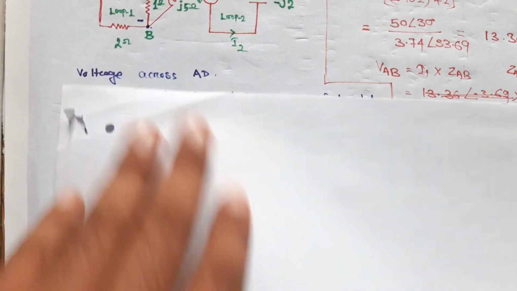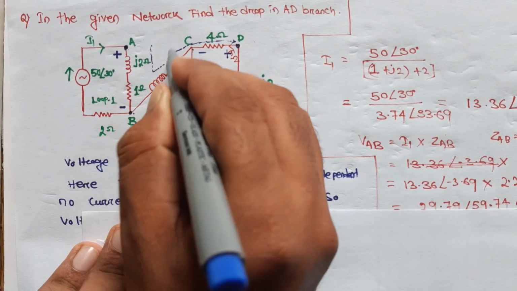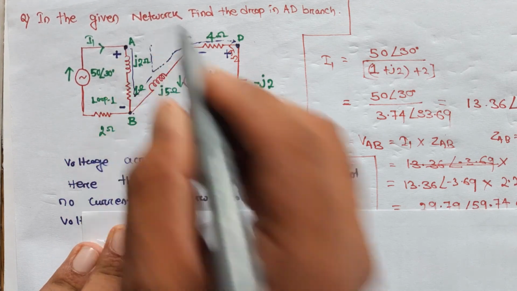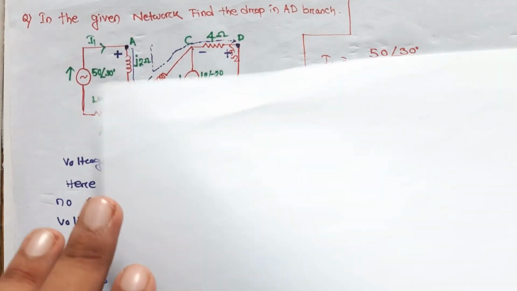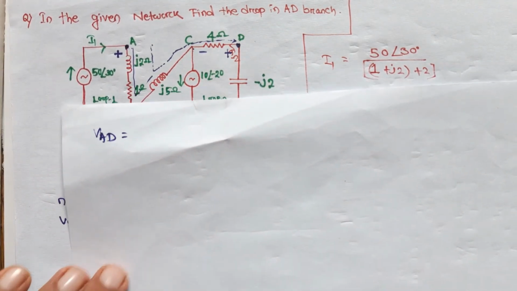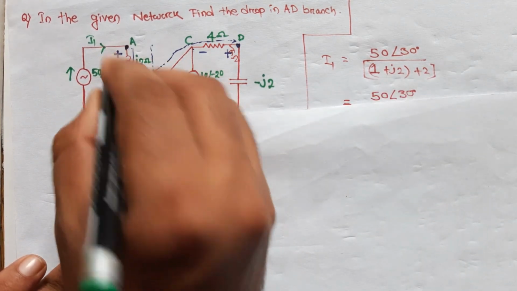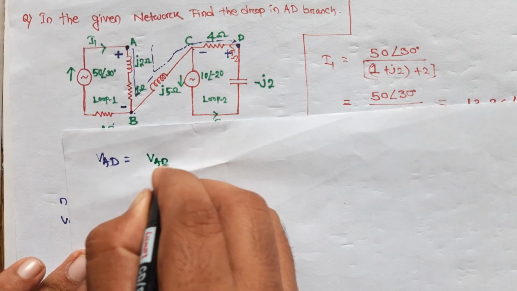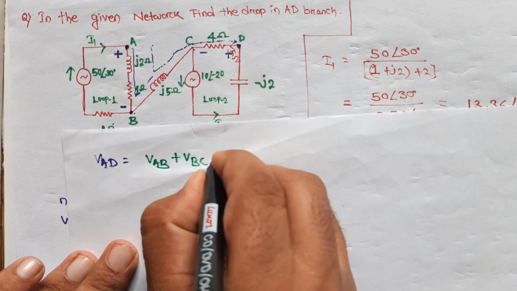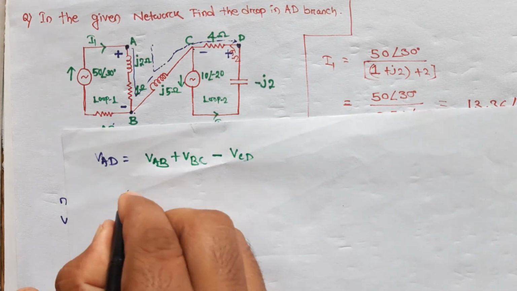Next we need to find VAD. Here VAD is the algebraic sum of these. The current is entering like that, so VAD is equal to VAB plus VBC, then minus VCD.